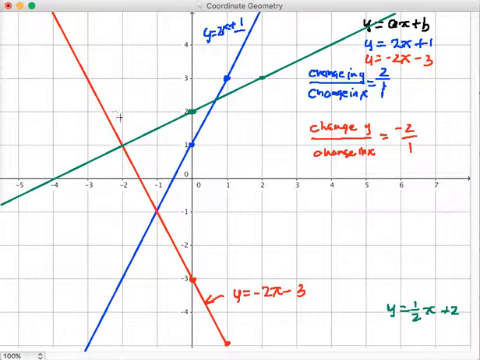So this is y equals 1/2 x plus 2. Okay? So I think these are enough examples para tayo ay makapag-graph using the y-intercept and the slope.